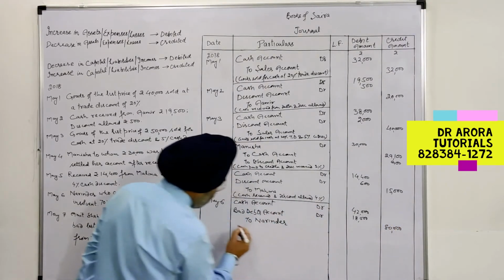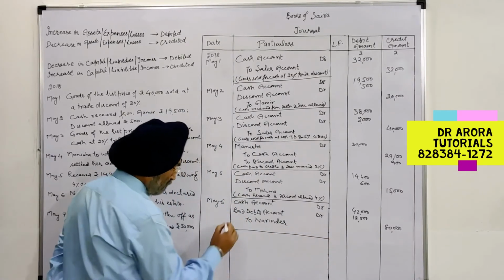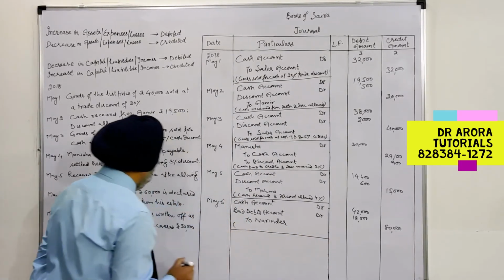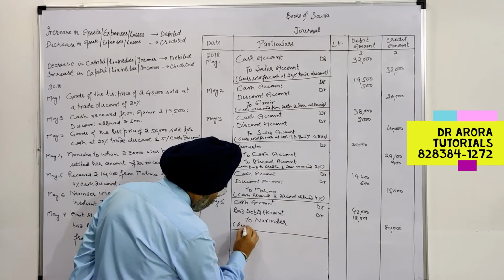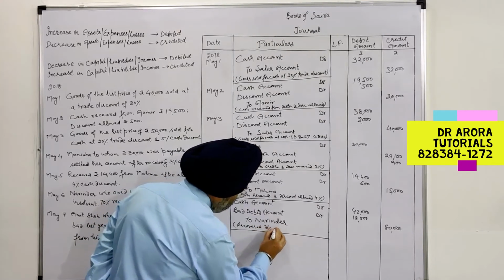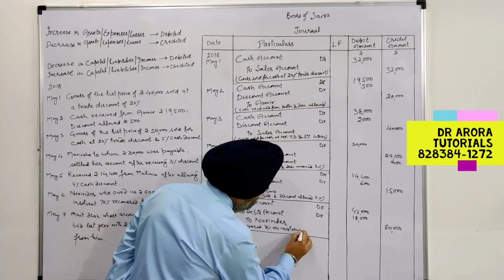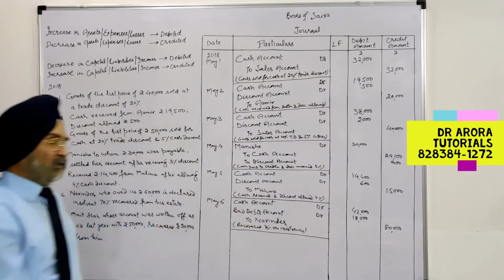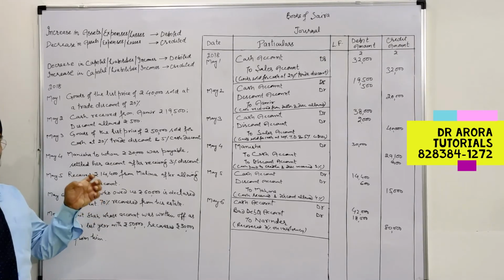So decrease in debtor or decrease in asset is to be credited. So recovered 70% on insolvency. Only 70% is recovered, 30% we are unable to recover. Any amount which is unable to recover, that is our bad debts.